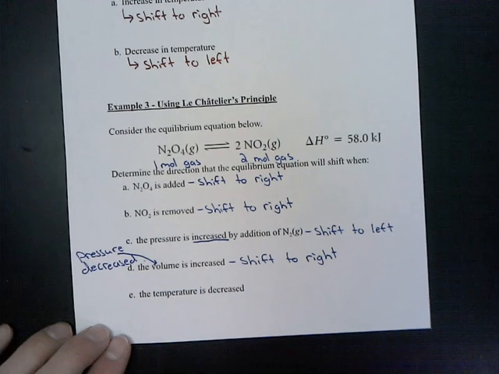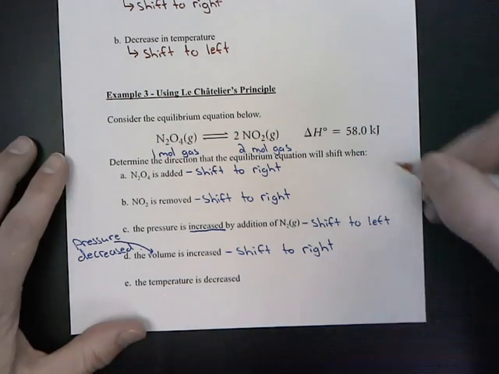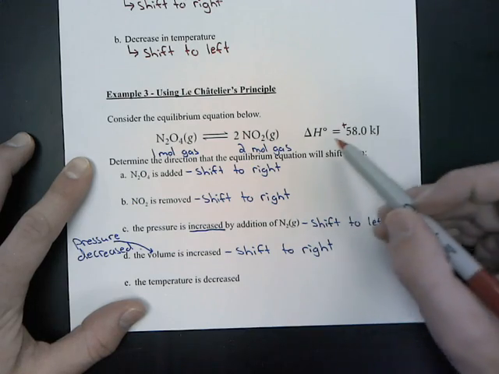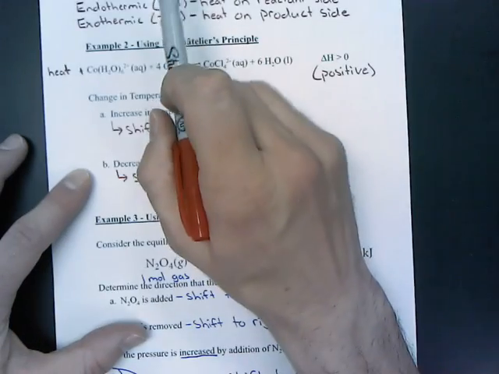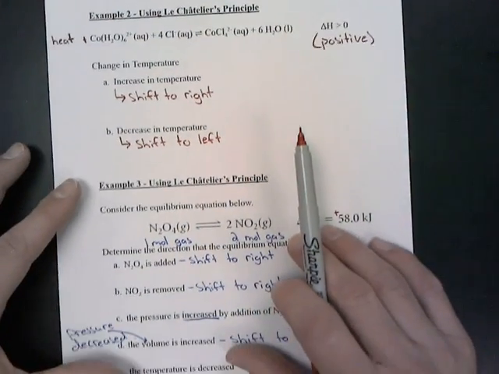Now we have the temperature. So before we even talk about the temperature being increased or decreased, we look at this value for delta H. Now this is a positive value, or an endothermic enthalpy change. So if you remember up to the top, for an endothermic, we can consider heat to be on the reactant side.